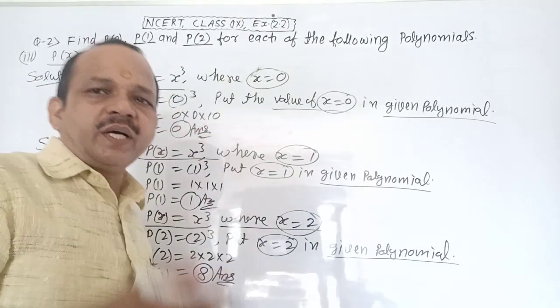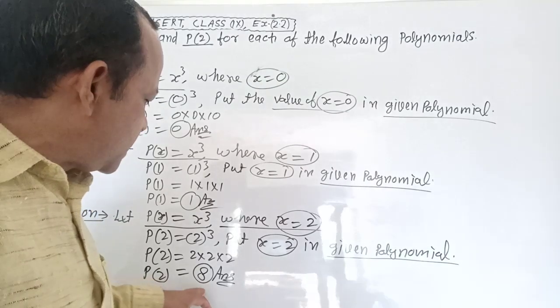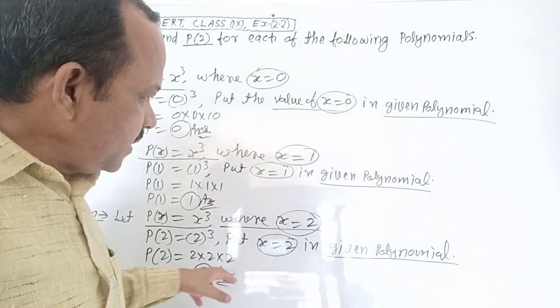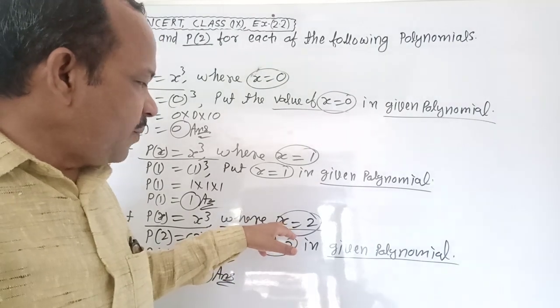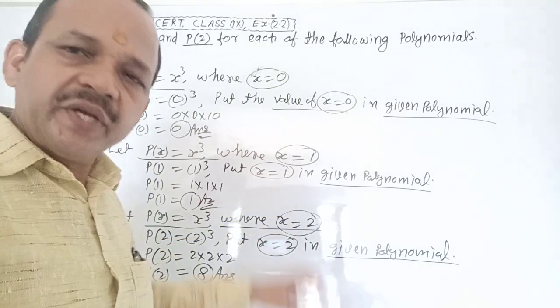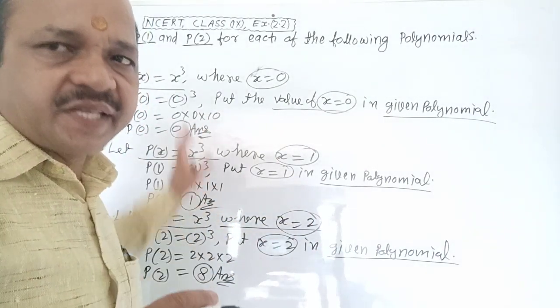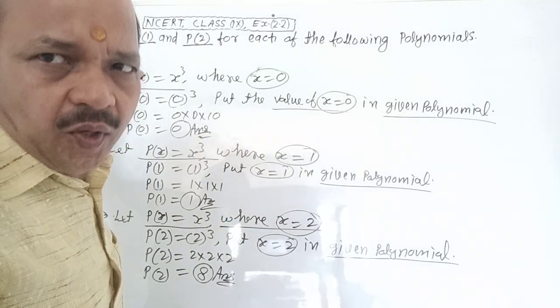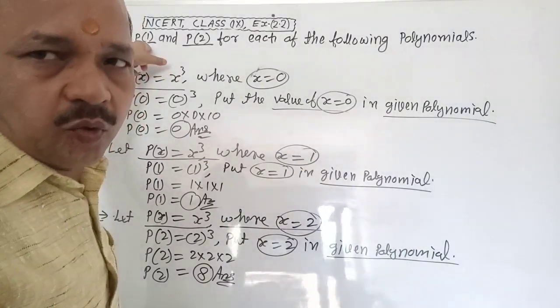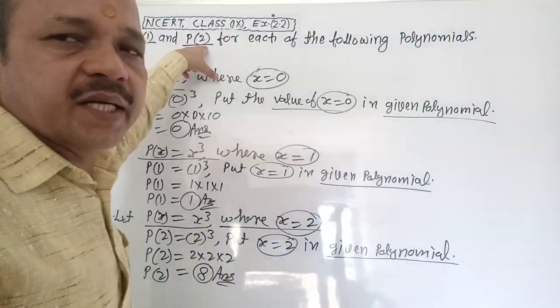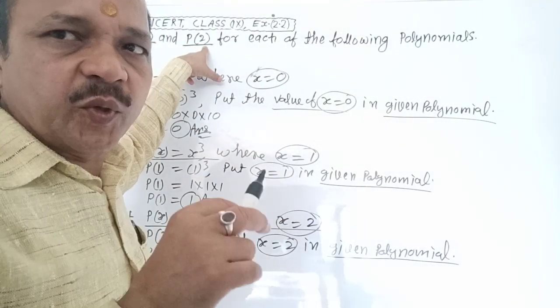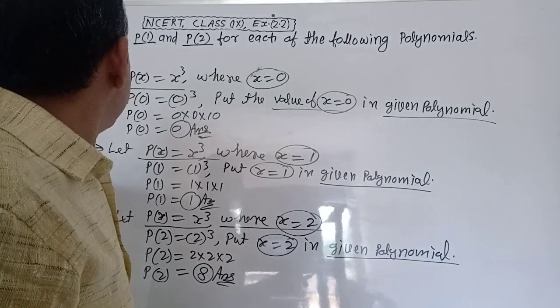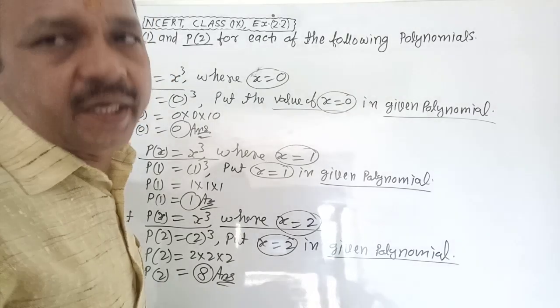You find the value of the given polynomial is 8 when you put the value of x equals 2 in the given polynomial. It is clear? First time you put x equals 0, second time x equals 1, and third time x equals 2. The given polynomial is p(x) equals x cube.